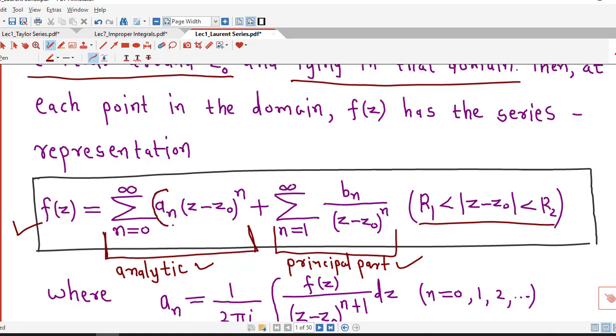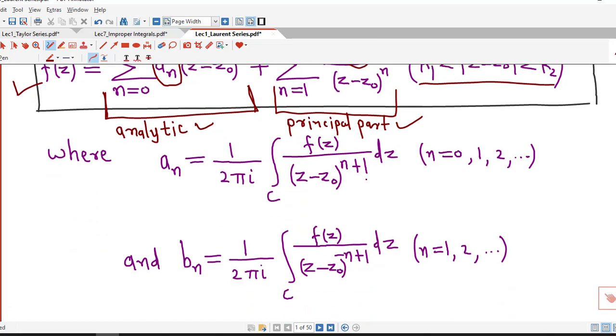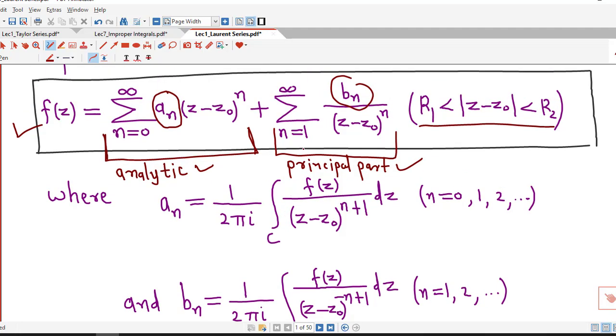Now how to find out these coefficients? These coefficients can be evaluated by these two formulas. We have considered a positively oriented simple closed contour in the annular domain.